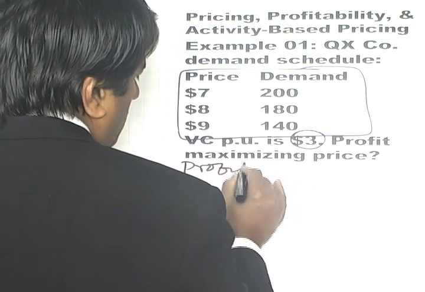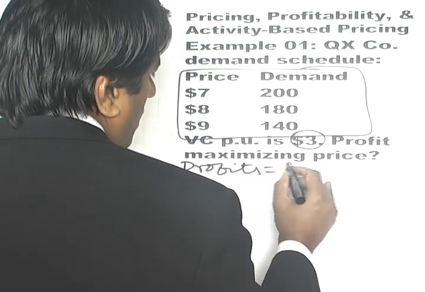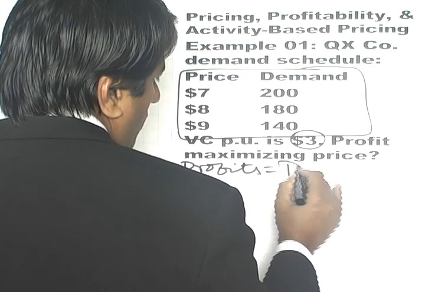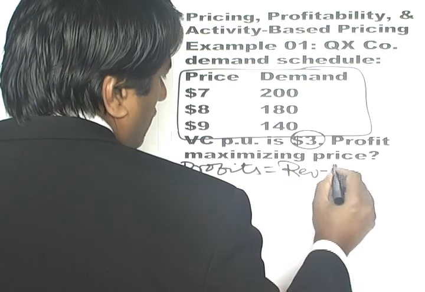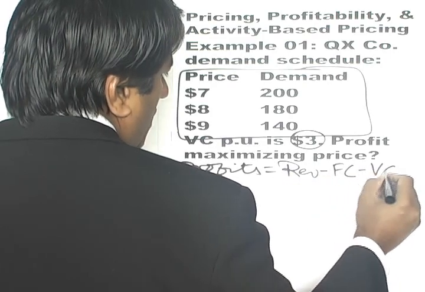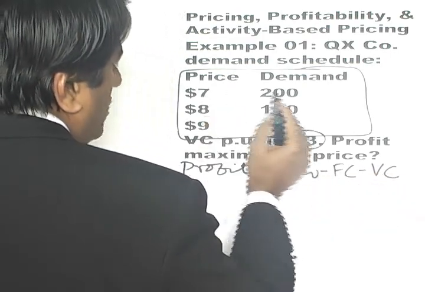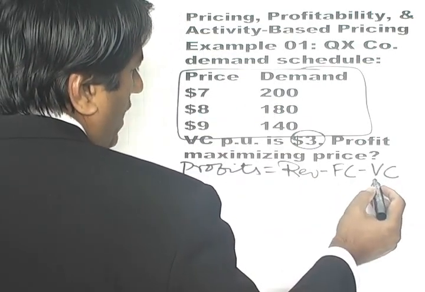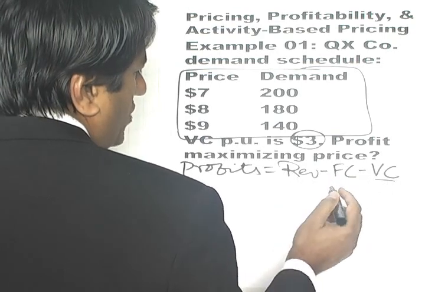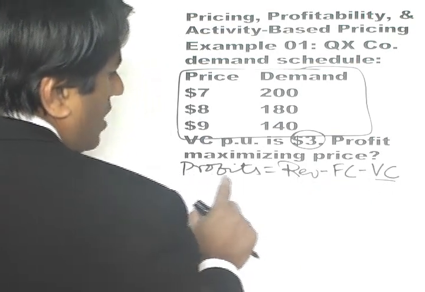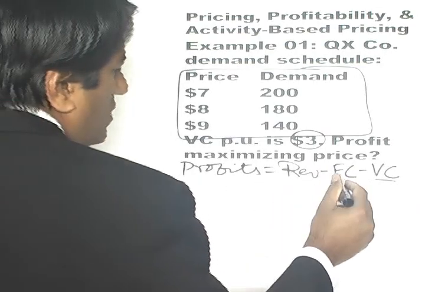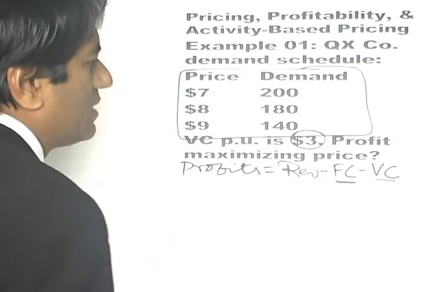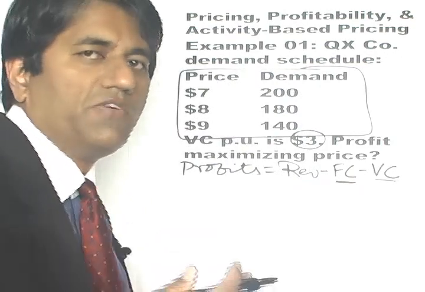Because you know that profits equal revenues minus fixed costs minus variable costs, and revenues are price into number sold, so price into demand is revenues, and from that you subtract variable cost, that's contribution margin, and you subtract fixed cost, you'll get profits. And fixed costs are constant, so you don't need to worry about fixed costs, because you're not being asked to calculate what the maximum profit is.